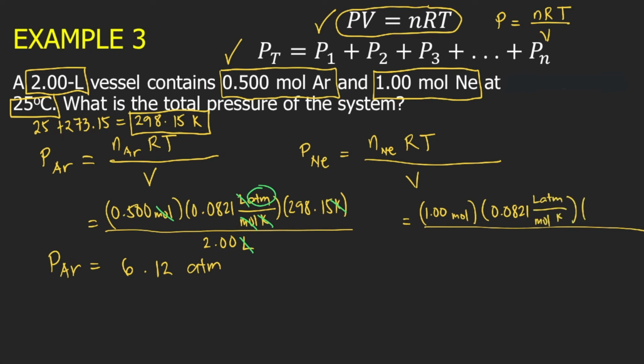And the temperature, again, is 298.15 Kelvin divided by the volume, which is 2.00 liters. So cancel the units, and the remaining one would be atm.